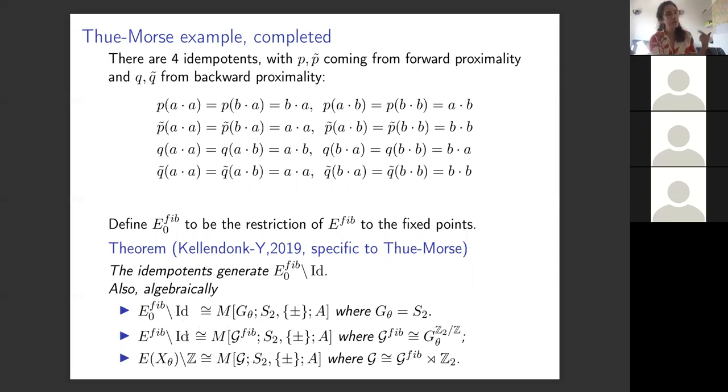Now, to pull that back up to the fibered Ellis semigroup, so instead of all things which fix fibers, what I have to do is take exactly the same semigroup representation, but change the group. Instead of just G theta, which is S2, I take G theta to the power of Z2 quotiented out by Z, right?